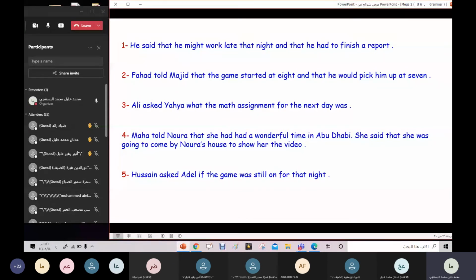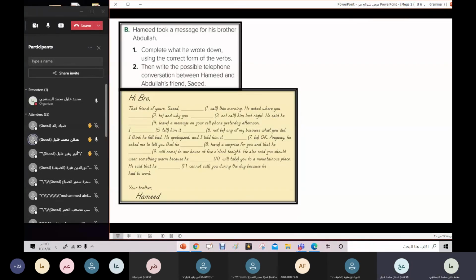You can have a look later. Do we need to write them? No. Okay, now look at exercise B here. Hamid took a message for his brother. Complete what he wrote down using the correct form of the verbs. Then write the possible telephone conversation between Hamid and Abdullah's friend Said.